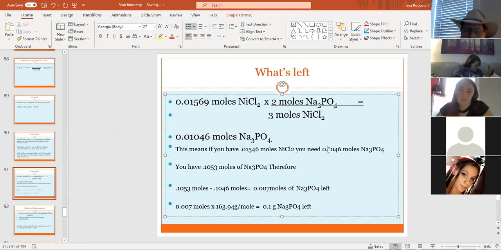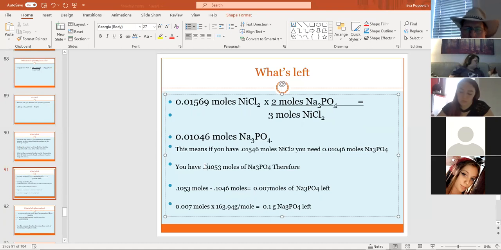So if I start off with 0.01569 moles of nickel chloride, I need 0.01046 moles of sodium phosphate to react with it. Does that make sense, ladies and gentlemen? Yes. Okay. When I originally figured out my moles of sodium phosphate, I had 0.01053 moles of sodium phosphate.